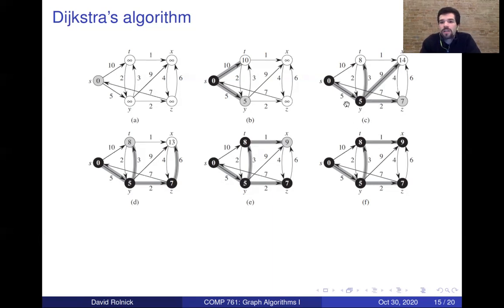How could we have gotten to Z faster? Could we have gotten to Z in any way? Like, there are many paths to Z. We could have, for example, gone this way to get to Z. Why does any other path to Z have to be larger than 7? We always took the min.